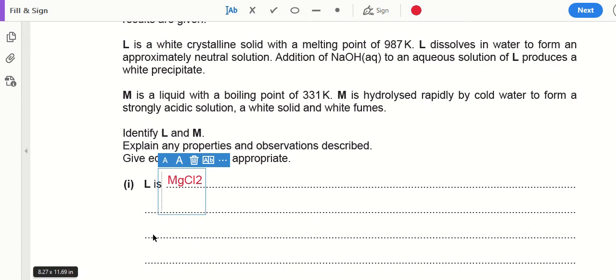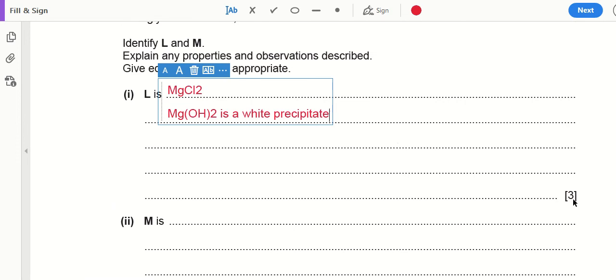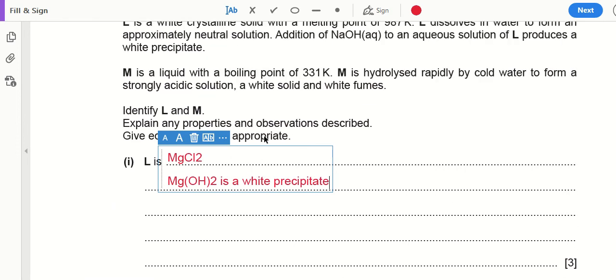So what's a white precipitate? It's actually magnesium hydroxide. That will give you 1 mark. Now we need 2 explanations because there are 3 marks. So 1 mark for the identity, 2 marks for the explanation.